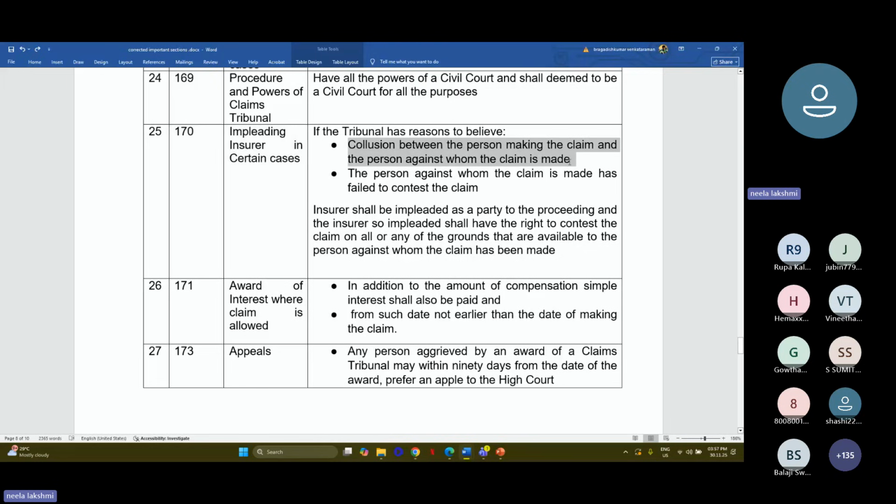First, when there is a collusion between the claimant and the insured. Second, when the insured fails to contest the case. In such cases, the insurance company reserves its right to contest the claim on all grounds that are available to the insured. Very, very important.